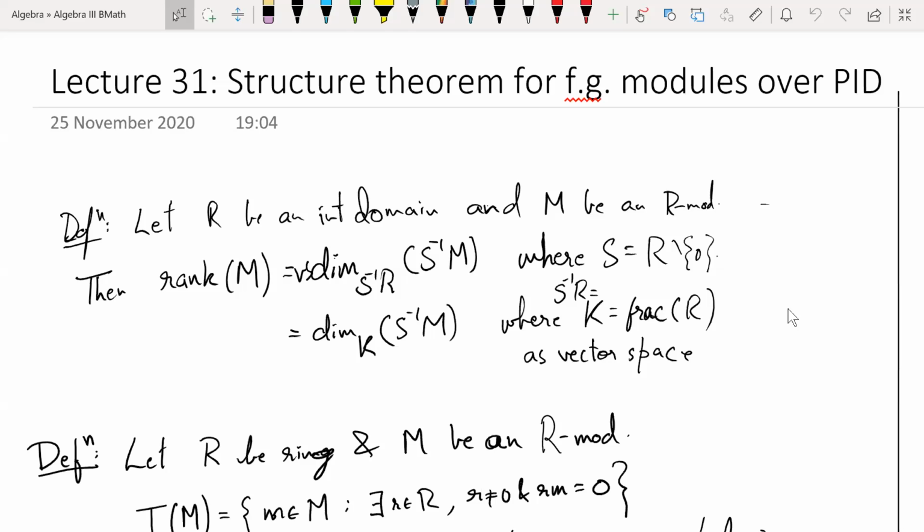Okay. So there is an equivalent way of defining it. So maybe I'll write it here. You can see it in the homework.